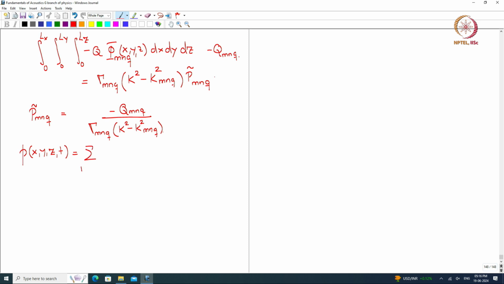Is the summation over mnq, minus q mnq by gamma mnq k square minus k square mnq, this is p tilde mnq, okay, then phi mnq x comma y comma z e to the power of j omega t, okay, is the total response.